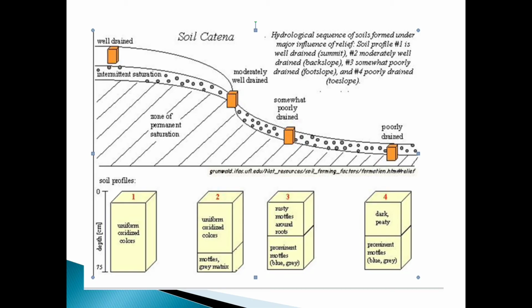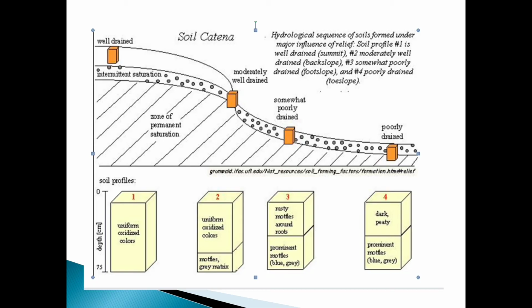So, there's a lot of movement of the water. So, you can expect there that the water can drain very, very good. So, the soil that will be developed there will have well-drained soils. And then we have there moderately well-drained soils dito sa shoulder.